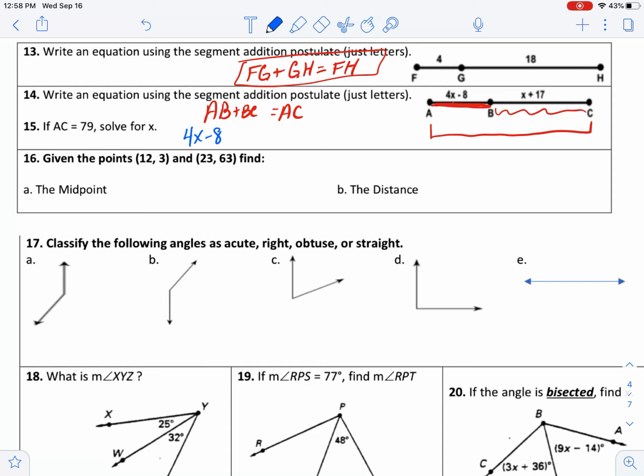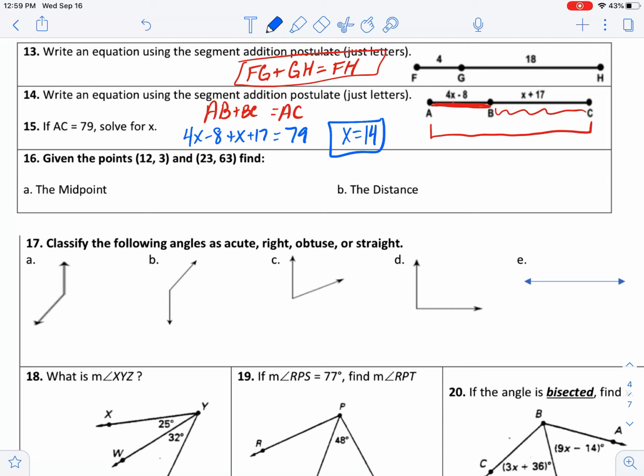And another value for BC is a positive x plus 17. And AC is 79. So I could set this up and solve for x, combine my like terms. So 5x plus 9 is 79, or x is 14.